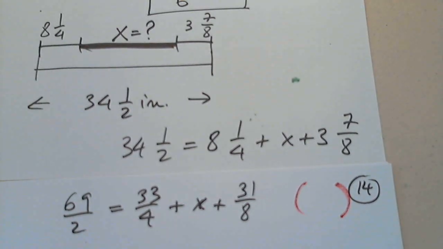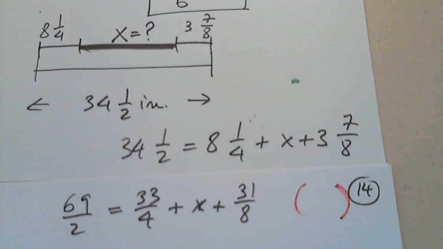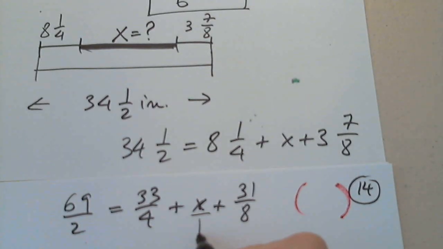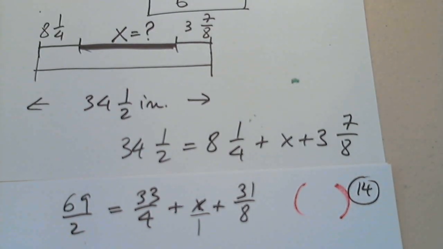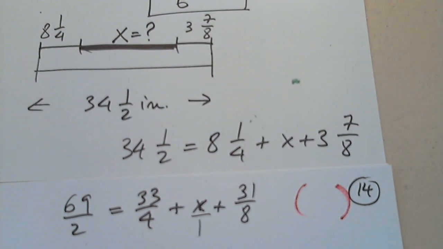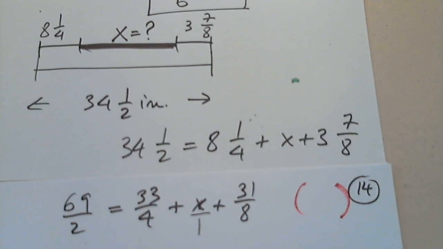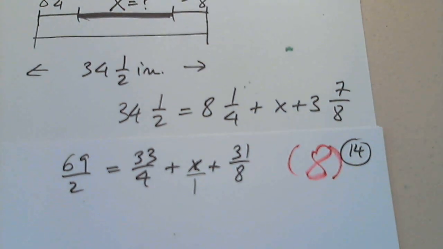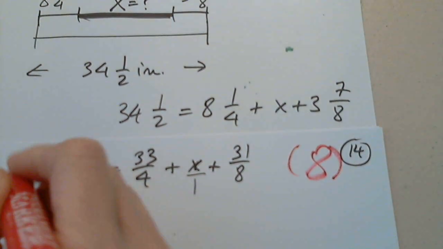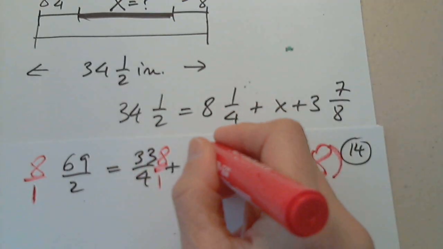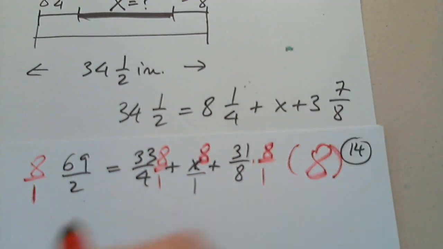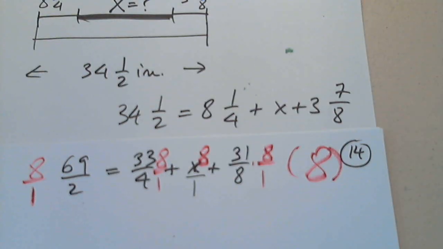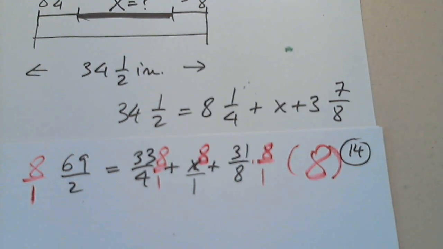So, can anyone look at 2, 4, 1 as well, and 8, and say the least common denominator is 8. Indeed, absolutely. So I multiply by 8 over 1, each term. Indeed. I want to clear fractions. Remove all fractions quickly.